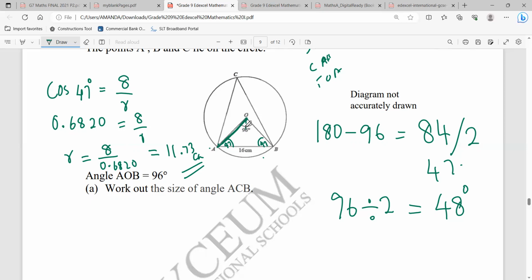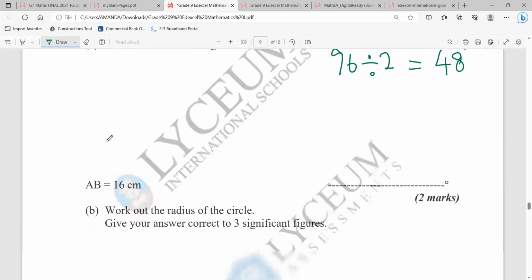If you draw a perpendicular that divides AB in half, this becomes 90, and this is 8, and our radius is this. Using the cos ratio, cos 47 is adjacent side, 8, divided by the hypotenuse, which is R. So that's how it's done.